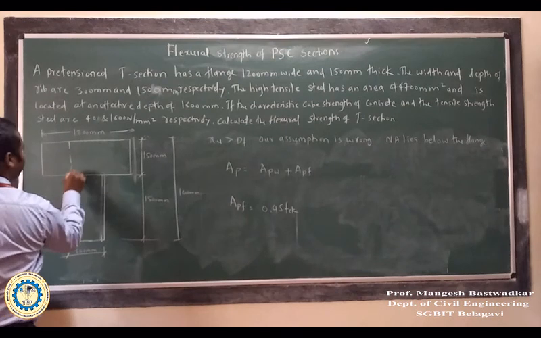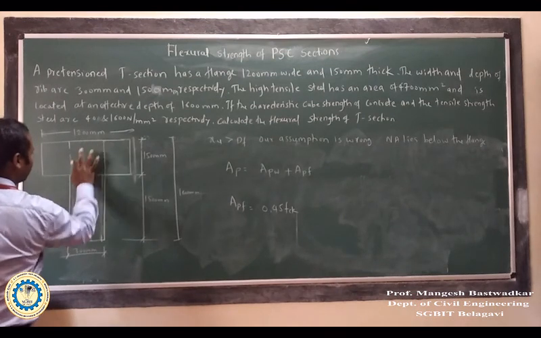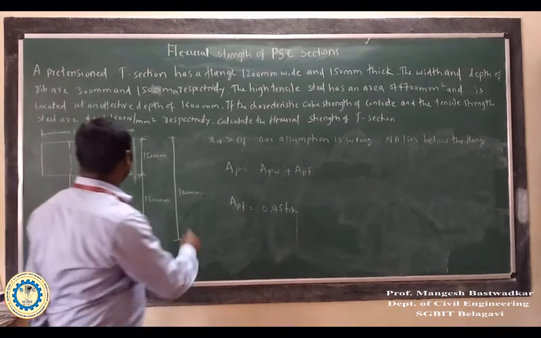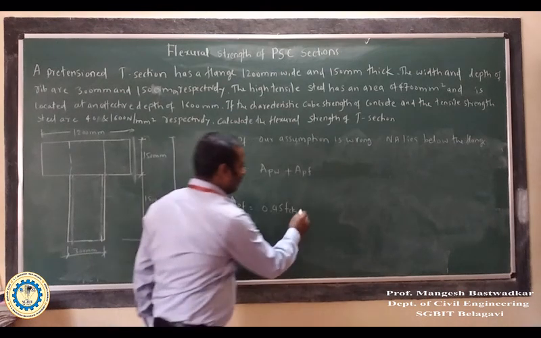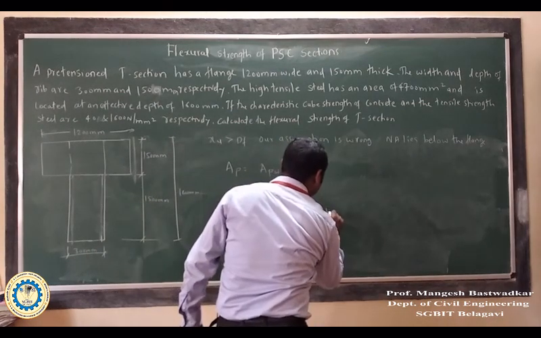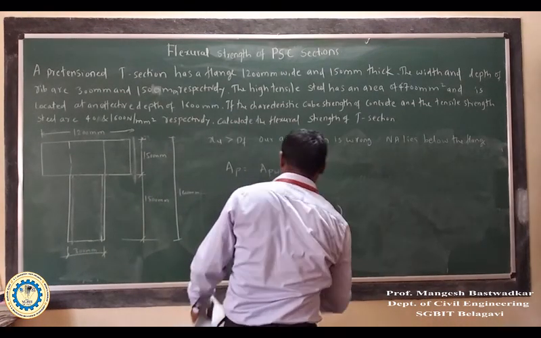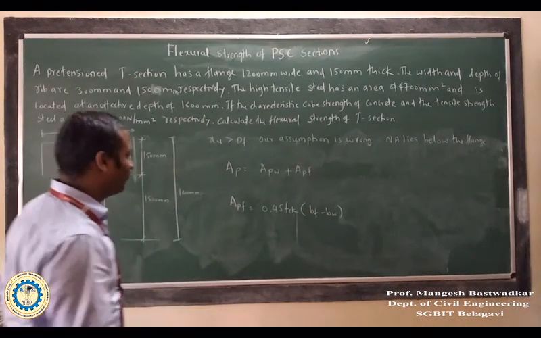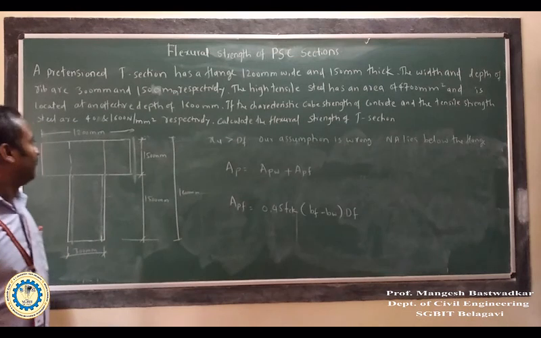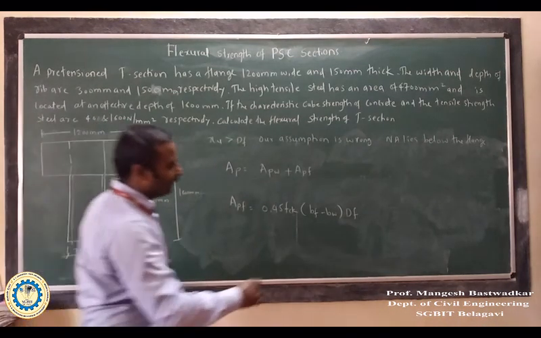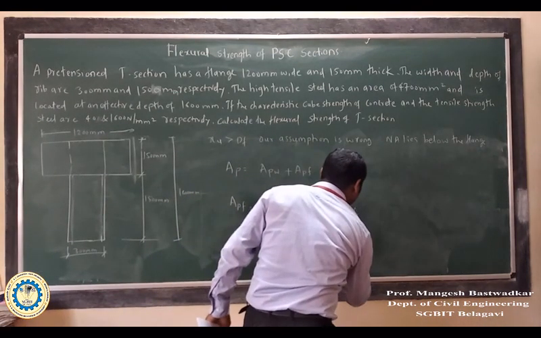Now this portion is the web portion. So only this we have to take into account. So it is BF minus BW, into DF, divided by FP.